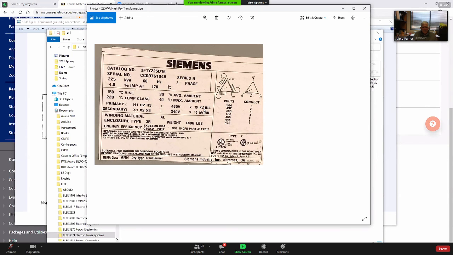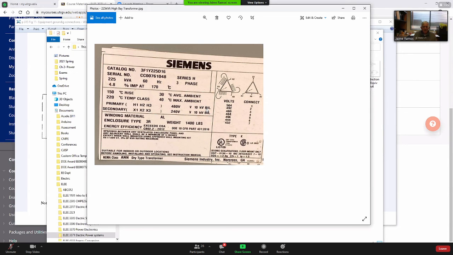kV basic impulse level. So this means that the transformer can withstand 10 kV, but for a very brief impulse. So in the factory, transformers are tested for the case that an induced high voltage from a thunderbolt is on the line.